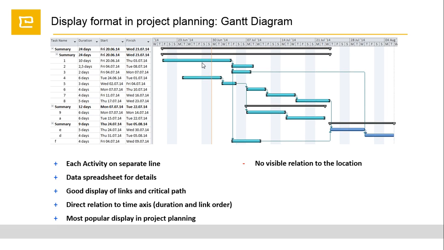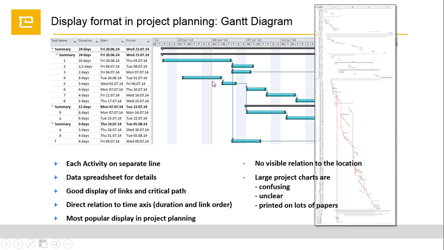But there is no visible relation to the location or floors. In large projects, it is confusing, unclear, and doesn't give information for your project. When we print out, we also get many pages, which is not easy or useful for management or even sometimes for planners.